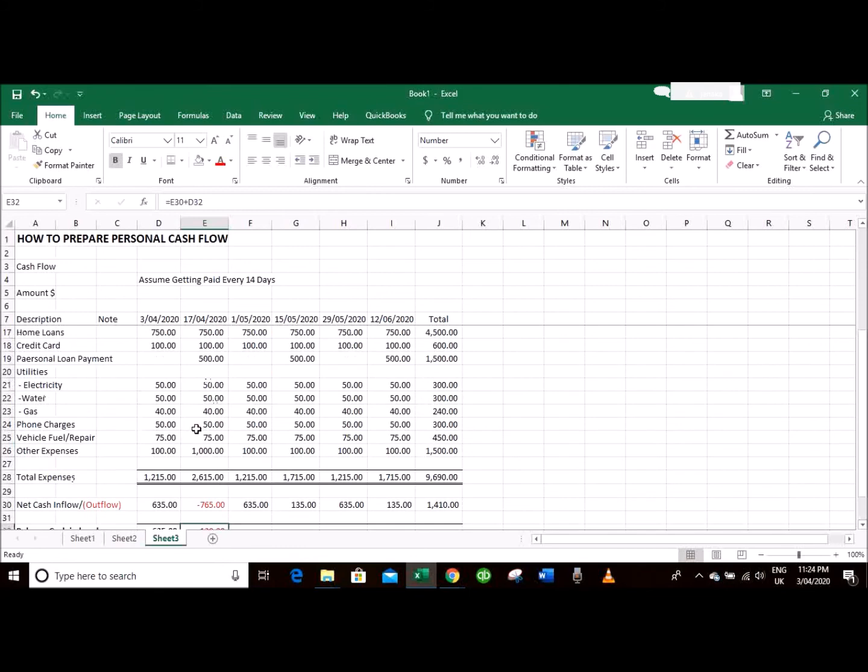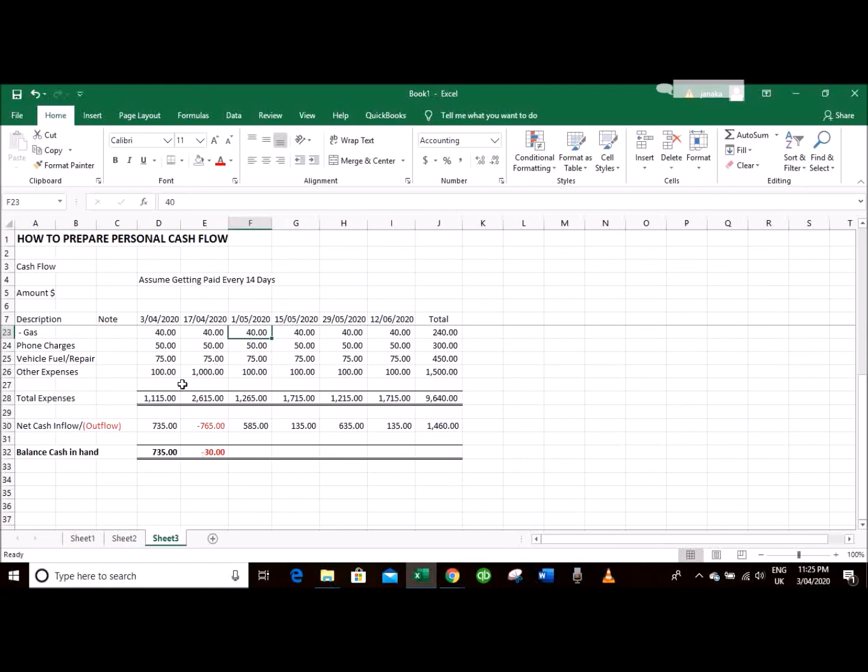So you have to manage this $100 payment. Either you can reduce one of these payments, or talk to the credit card holders and reduce this $100, or one of the payments you can cut down. For example, you can reduce the credit card payment by $50, and let's say the phone bills you can pay a week later.